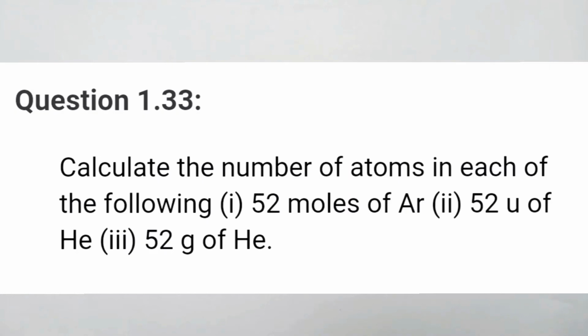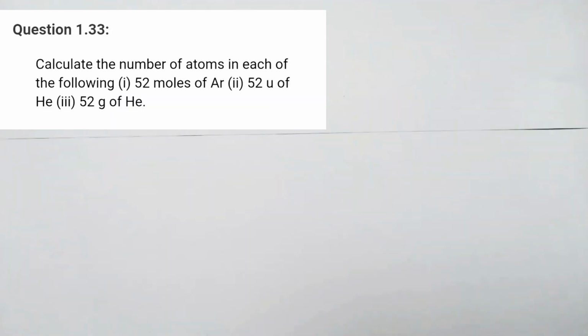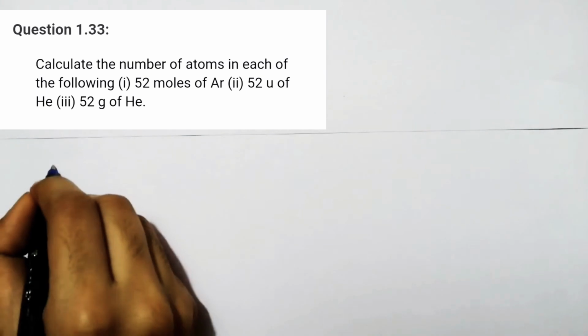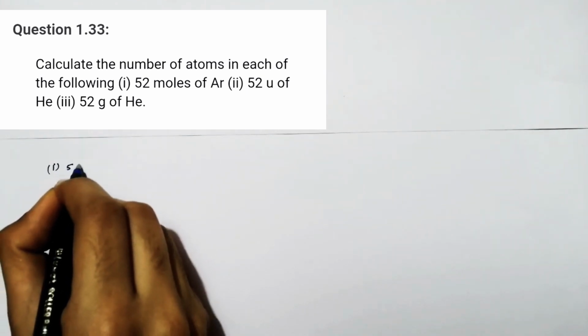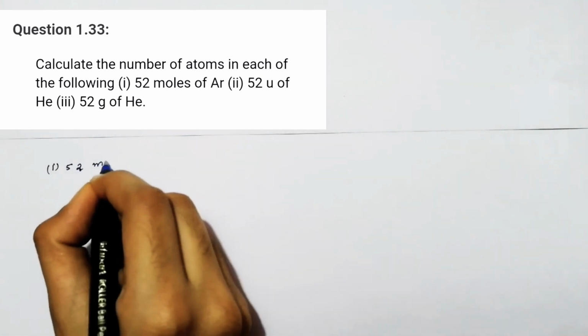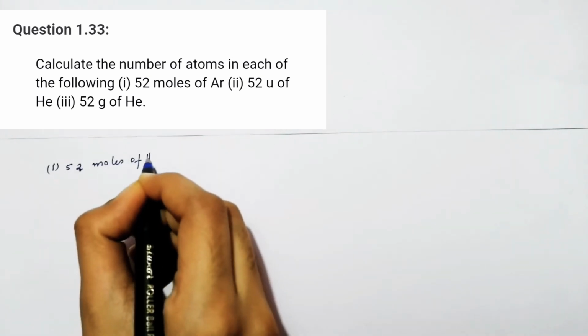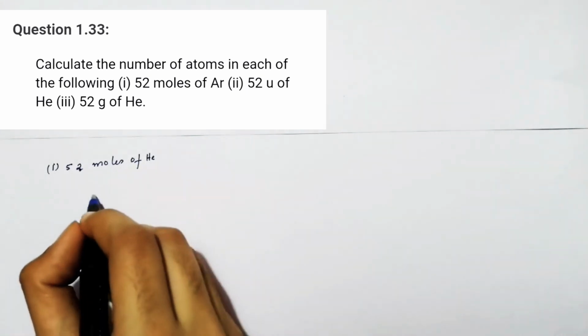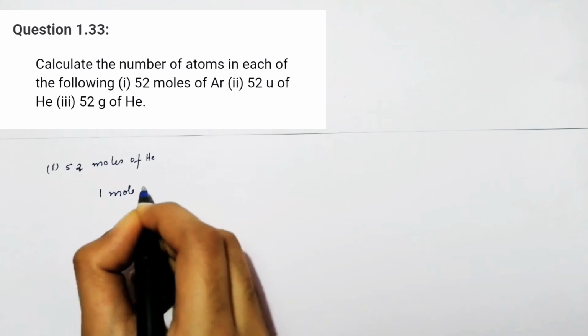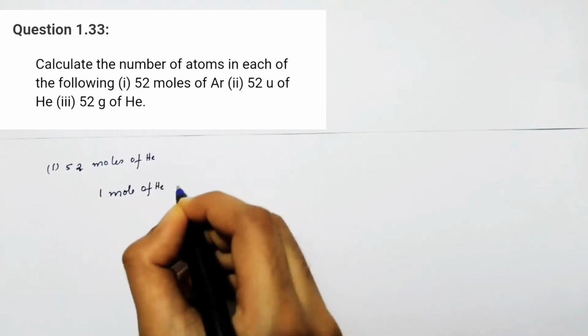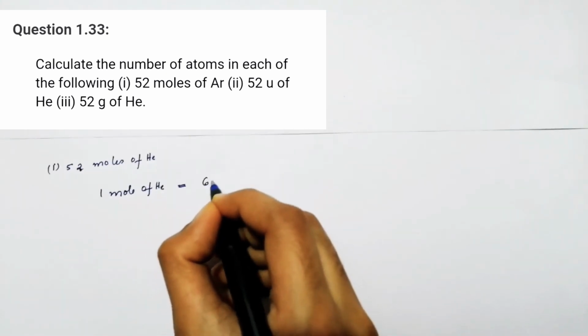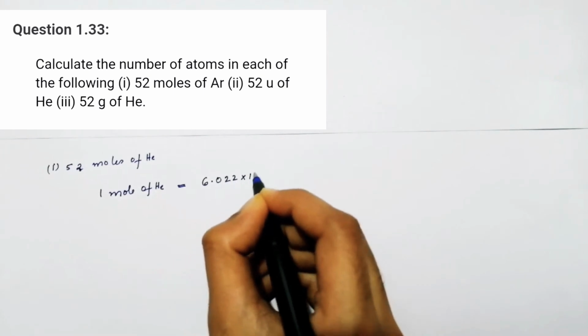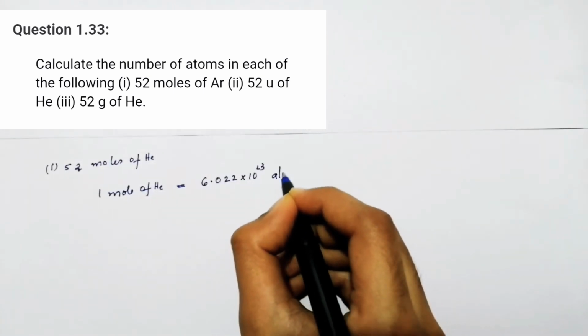Question number 33 says, calculate the number of atoms in each of the following. And then we have 3 sets of questions. In the first question, we are asked to calculate the number of atoms for 52 moles of helium. Now we know that 1 mole of helium is equal to Avogadro number of atoms, that is 6.022 into 10 power 23 atoms.